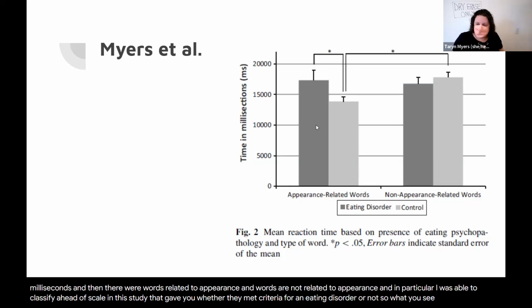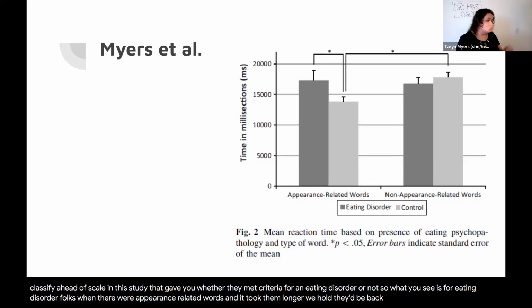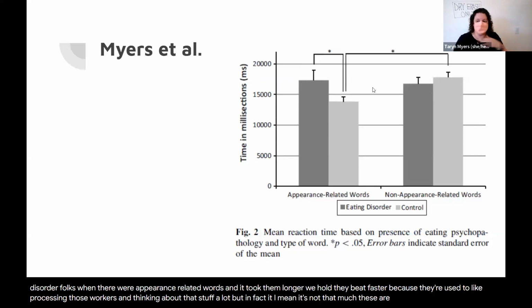And so what you see is for eating disorder folks, when there were appearance related words, it took them longer. We thought they'd be faster because they're used to processing those words and thinking about that stuff a lot. But in fact, it's not that much. These are milliseconds, right?